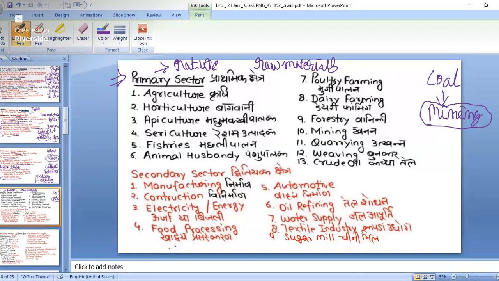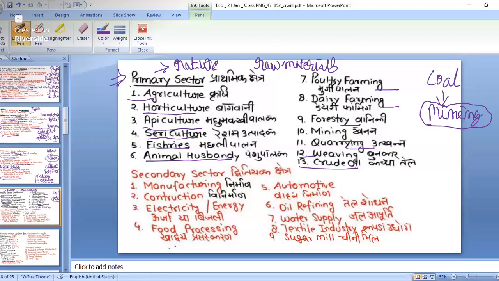So in the primary sector we have various examples: agriculture, horticulture, apiculture, sericulture, fisheries, animal husbandry, poultry farming, dairy farming, forestry, mining, quarrying, weaving, and crude oil production. So all these things come under the primary sector.